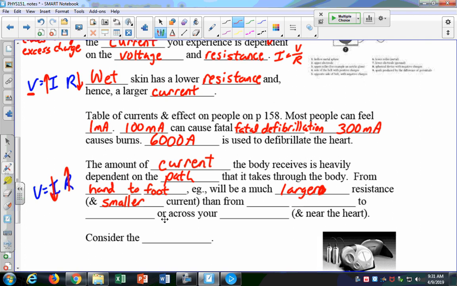Then from, say, your index finger to your thumb, L is really small, so the resistance is really small. Okay?